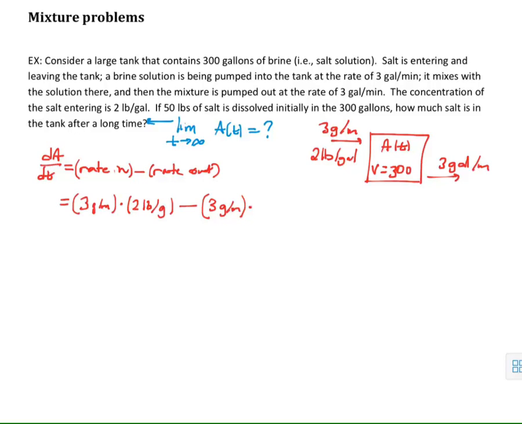A over what? 300. It depends on the amount of salt in there, right? We don't know how much salt is in there other than to say it's some variable A. So however much salt is in there, how many pounds of salt, that's A, divided by how many gallons are in there. That's going to be pounds per gallon. Make sense? So this is times A over 300.